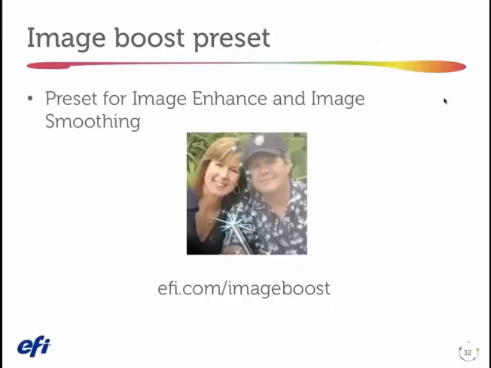We let you access this in a second way. The Image Boost preset, which you can download at this URL that I'm showing here, and which we'll share with you in the resources at the end, is a preset for the Fiery that automatically turns on both the image enhancement and also the image smoothing that we looked at earlier that helps you out if you have images of low resolution.